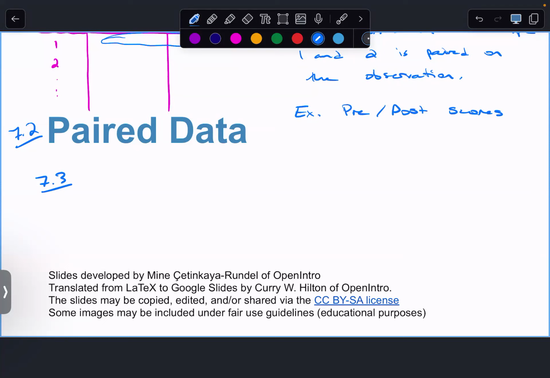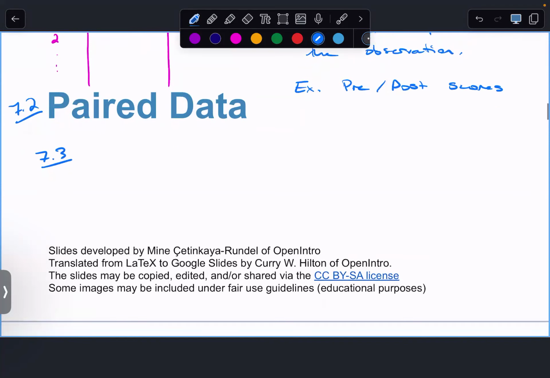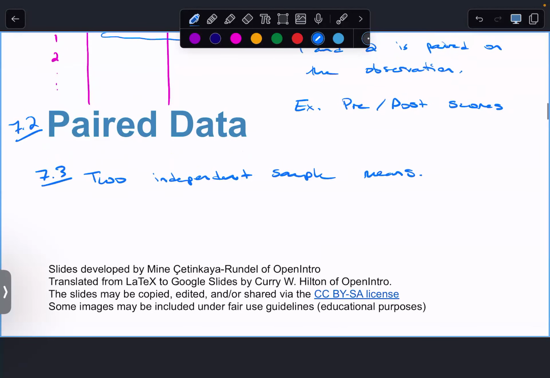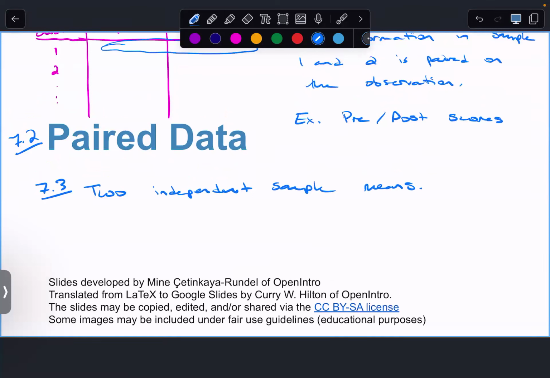Overwhelming because we have information from both samples, but beyond that, nothing crazy. So that's coming down the pipeline next week. But today we're going to talk about paired data.